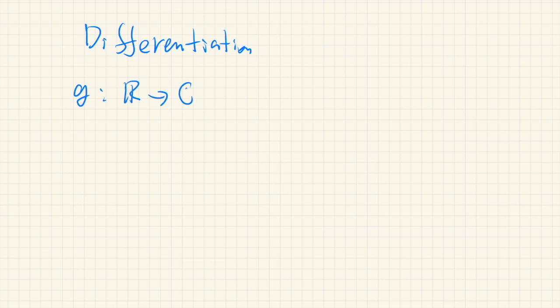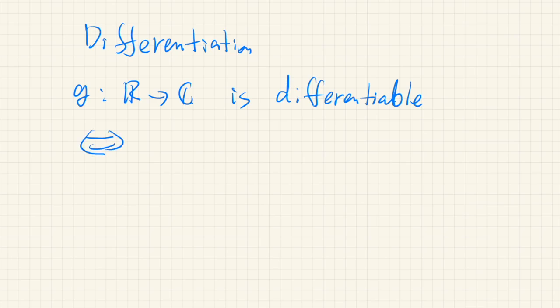Okay, next consider differentiation. So we say again g is a function from real to complex, and it is differentiable at some point if and only if both the real part and the imaginary part are differentiable.